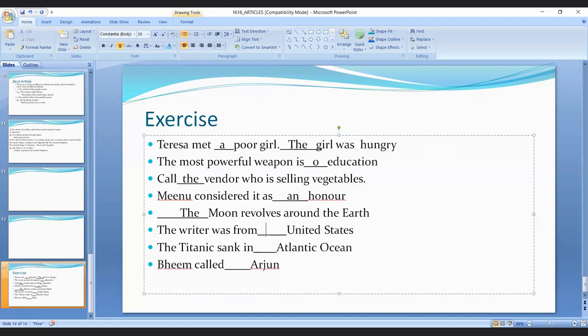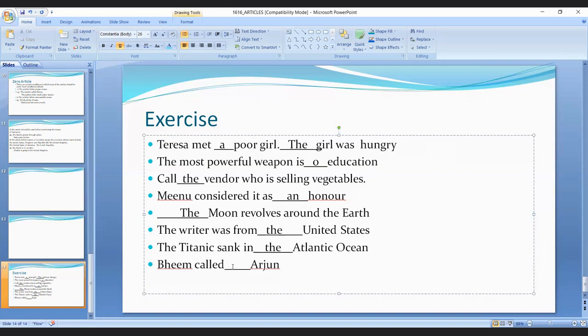So we have the word states here, so you have to put the article the in this sentence. Next: The Titanic sank in dash Atlantic Ocean. Before the names of oceans and seas, there should be a definite article, that is the. So here, the Titanic sank in the Atlantic Ocean.